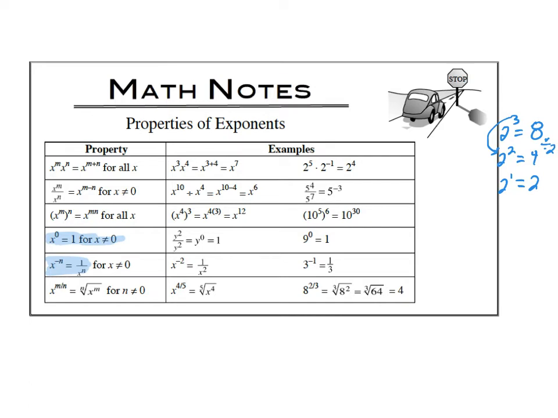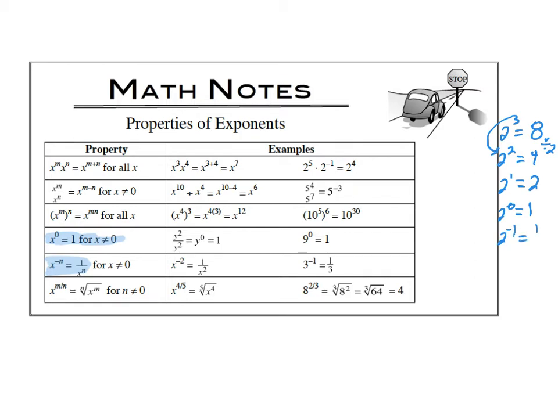And so if I keep reducing my exponent, 2 to the 0, now divide by 2 over here, I get 1. Now let's decrease that exponent again, 2 to the negative 1.